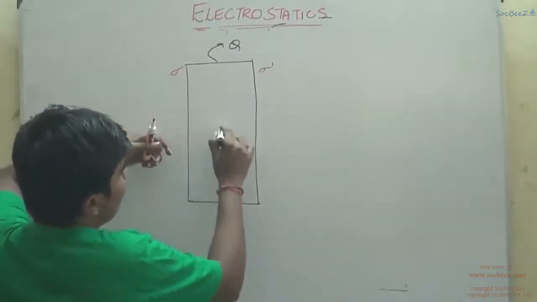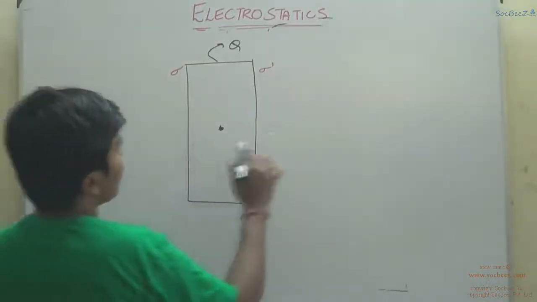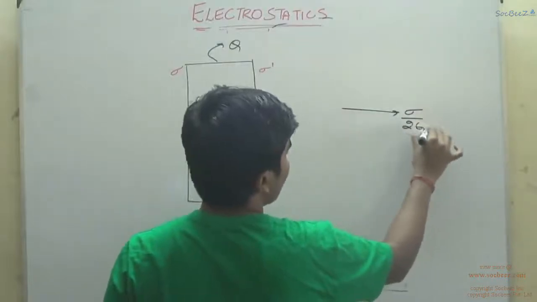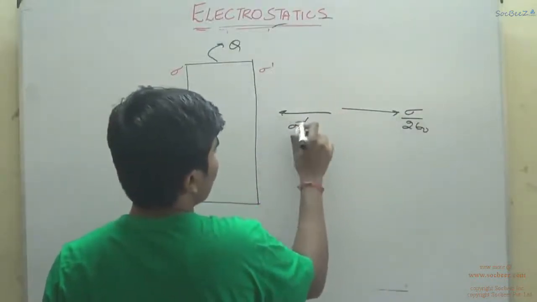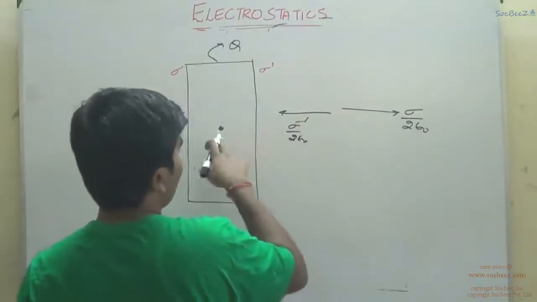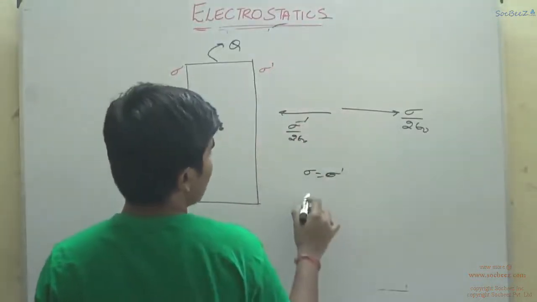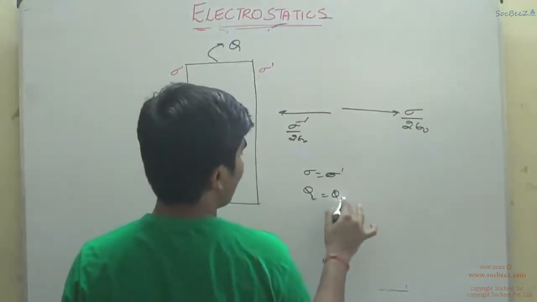So what is the electric field at this point? We have seen that due to the plate, the electric field here would be in this direction, sigma by 2 epsilon naught, and due to this it will be in this direction, sigma dash by 2 epsilon naught. For the electric field at this point to be 0, sigma should be equal to sigma dash, which means that Q at the left surface should be equal to Q at the right.